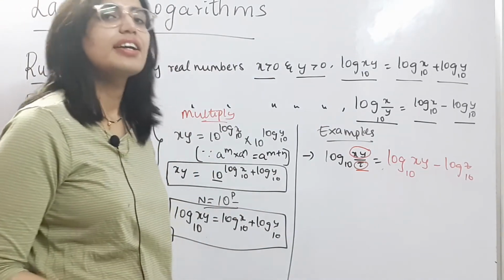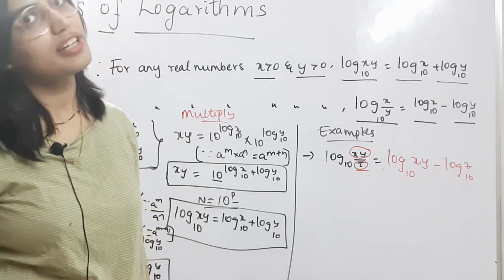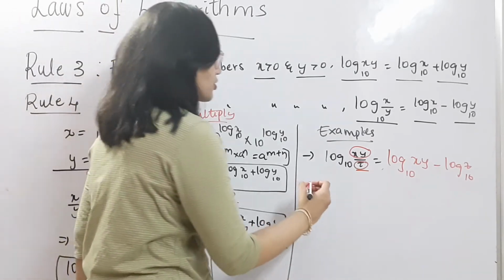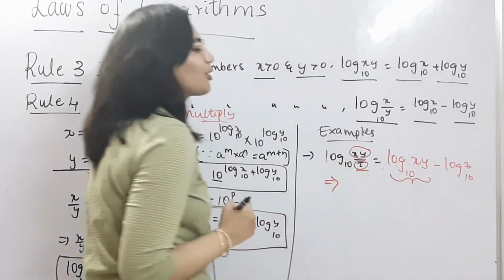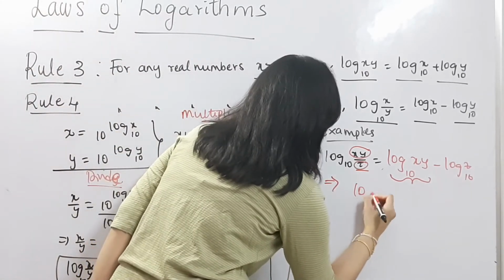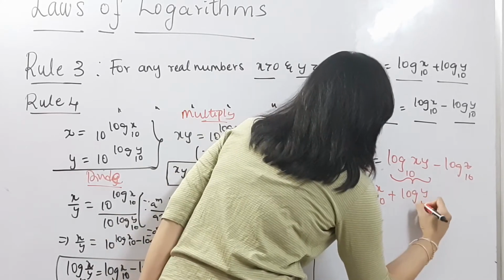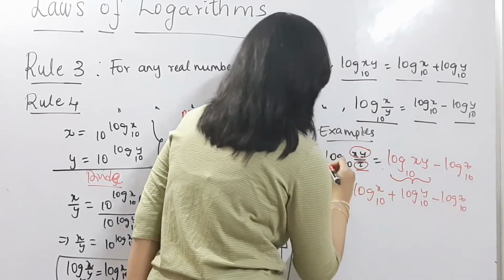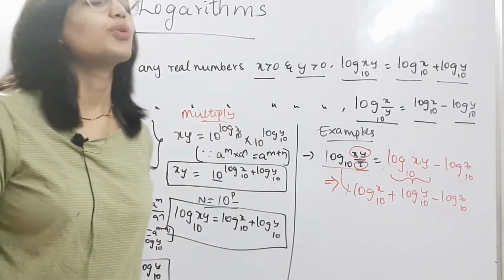When we have a logarithm in the form of log x by y, we get the result as log x to the base 10 minus log y to the base 10. After this, log xy is in the form of rule 3. So, can we not divide that as this? Log x to the base 10 plus log y to the base 10 minus log z to the base 10. So, this is the result after applying these two rules.